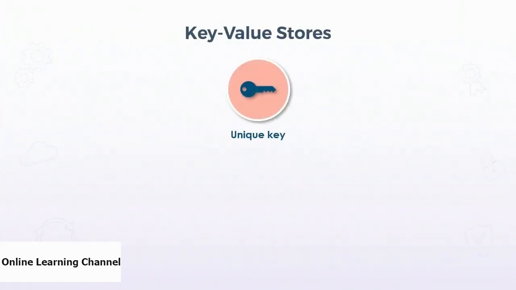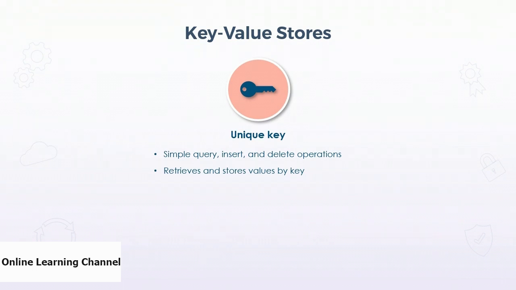Key value stores. Sometimes we refer to those as a NoSQL database, right? These use what they call a unique key. A key value store associates each data value with this unique key. Most key value stores only support simple query, simple insert, and simple delete operations. It is used to retrieve and store values by this key. That's what makes the unique key so important: we'll retrieve and store our value by that one unique key.